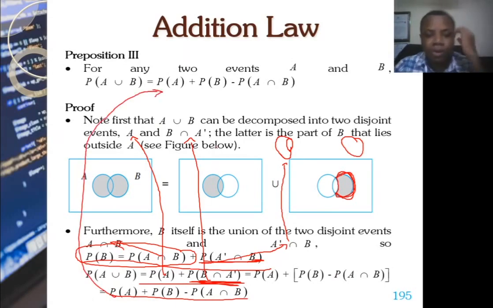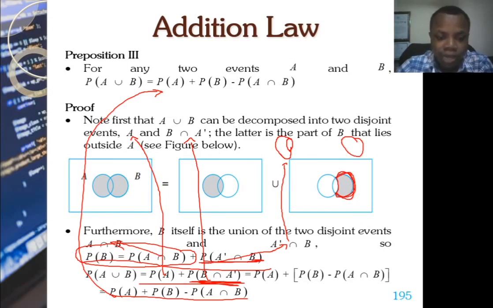So we just go through by splitting A union B into A and B intersection A prime, and this B part also into these two components.